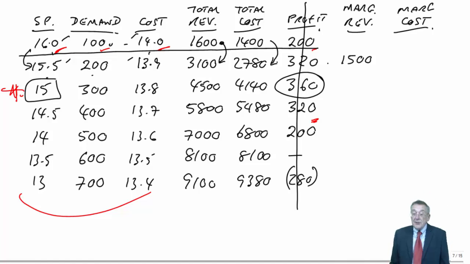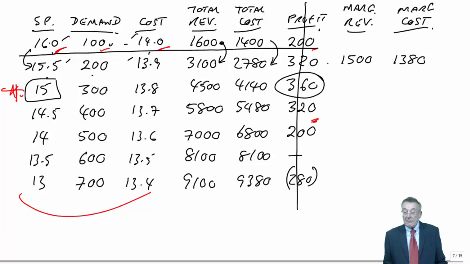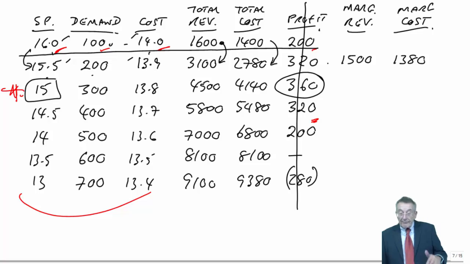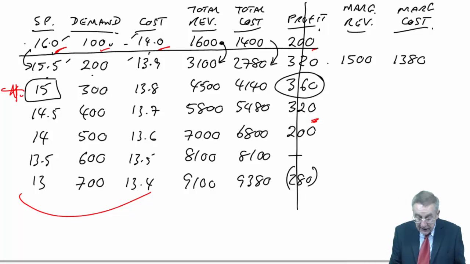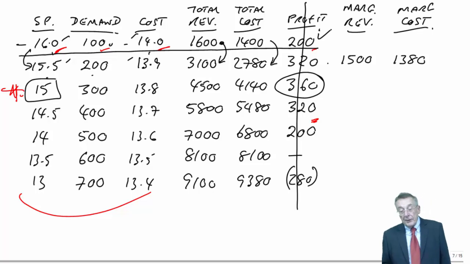If we drop the price, we'll be producing more. There'll be extra costs. The extra over marginal cost is 13.80. So remember, charging 16, we didn't make a profit, fine. We're now saying, is it worth dropping the price?